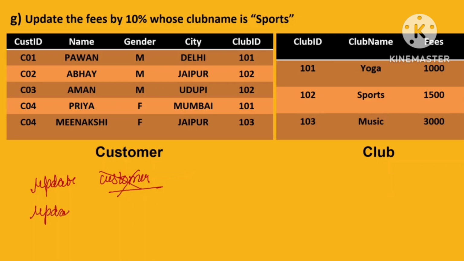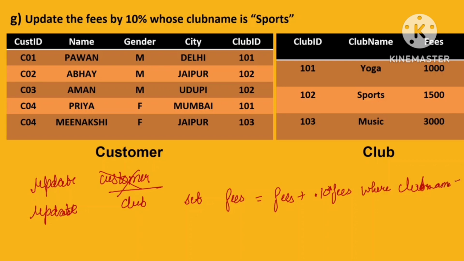So here we should write update club set fees is equal to fees plus 0.10 multiply fees where club name equal to sports, and then semicolon. So I hope this question is understood by everyone.